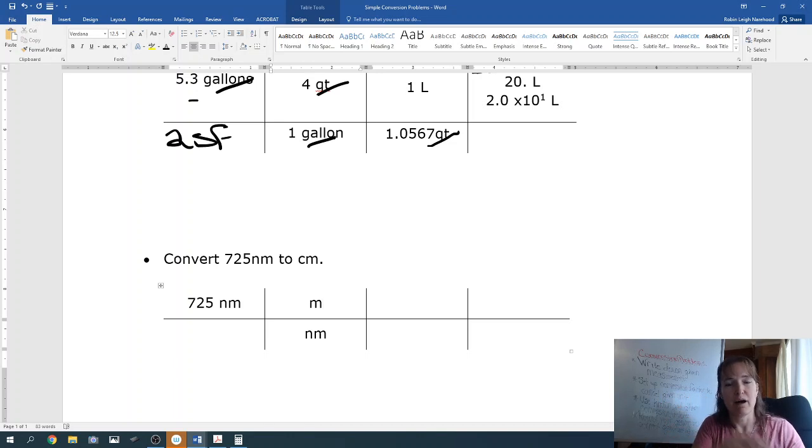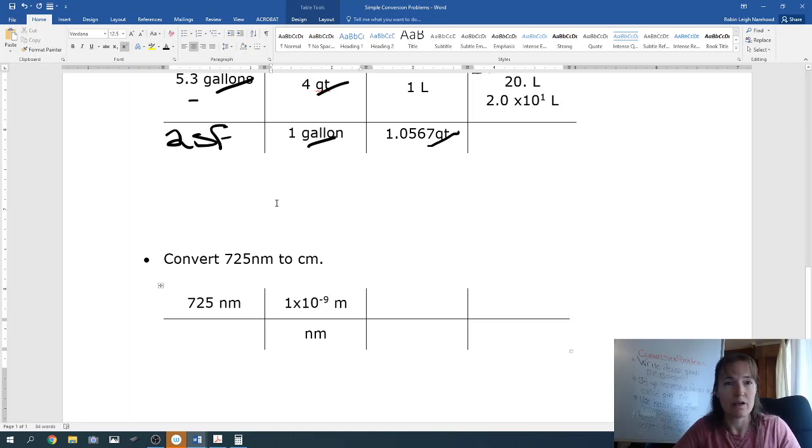You can think of how big the meter is versus the nanometer, or how small the nanometer is versus the meter. And so I'm going to just use what most books use, which is what is the meaning of a nanometer. And so a nanometer is a billionth of a meter.